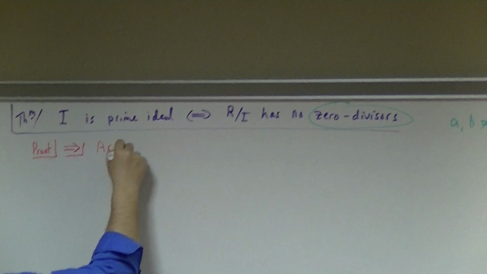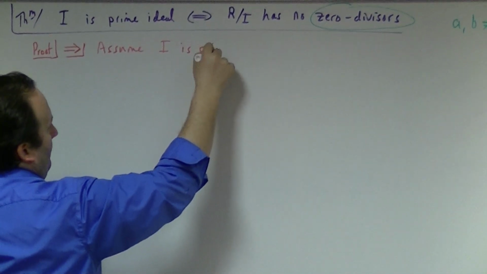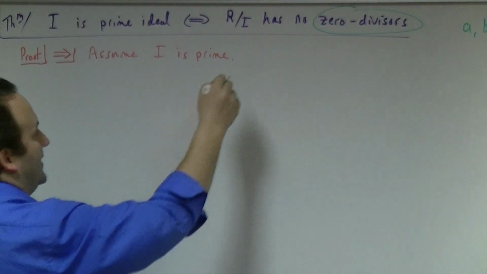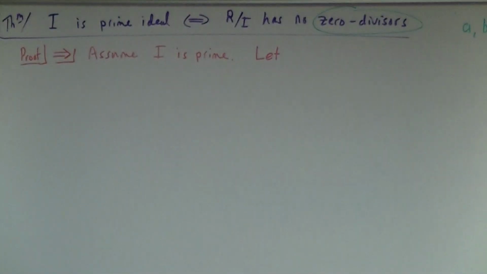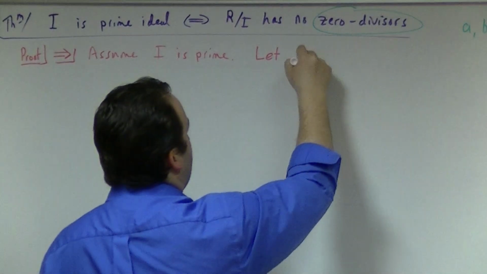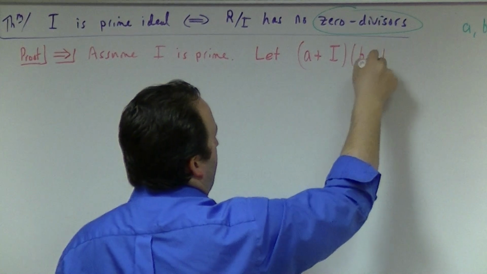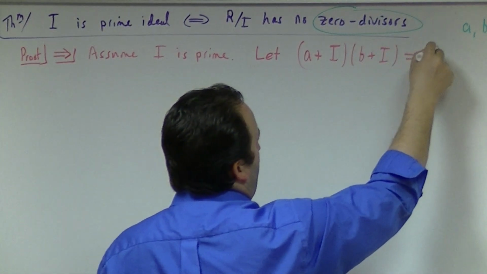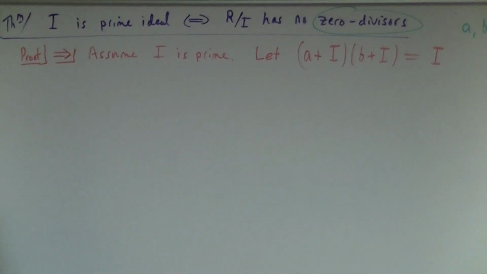Anyway, so for the forward implication, assume I is a prime ideal, okay? What should we do? Let A plus I times B plus I equal I, if you like, I plus 0.